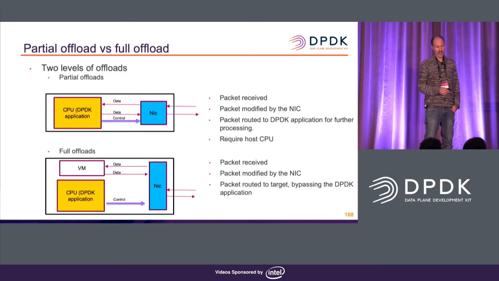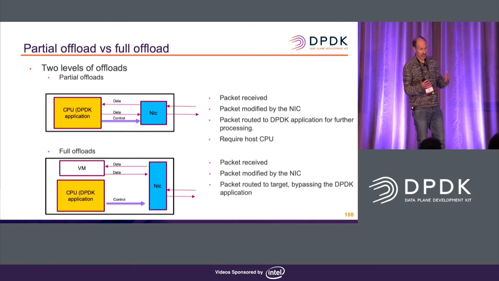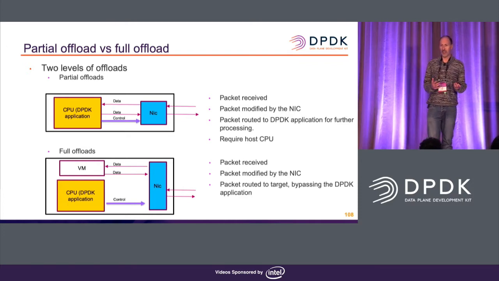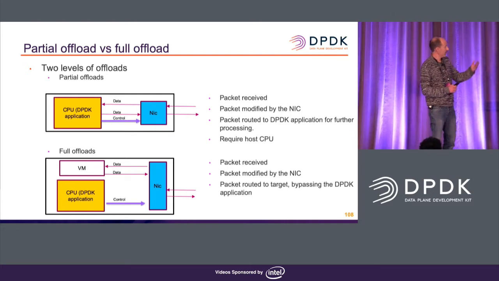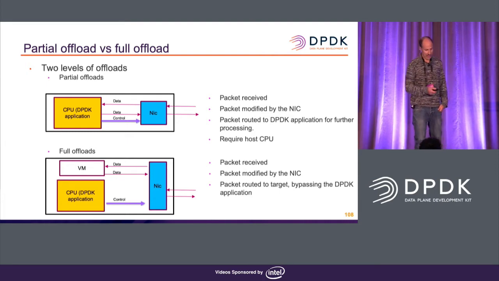OK. Here we have a slide that describes, in basic terms, the two kinds of offload that we use when we're talking about RTE flows. We have the partial offload, the upper figure, where some traffic is received by the NIC and sent back to the DPDK application, which also gets the data and also controls the NIC by inserting more flow rules. For example, the mark action, the RSS action, count, and others.